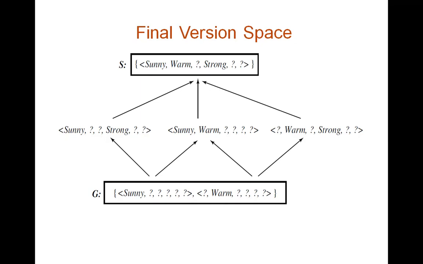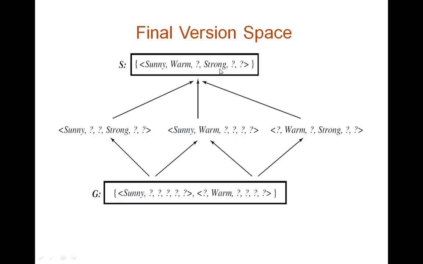In Find-S algorithm, when you applied it, you got only one hypothesis. But when you apply the candidate elimination algorithm, you got the version space itself. In this version space, you have 6 hypotheses, and all these 6 hypotheses are consistent with our training data.